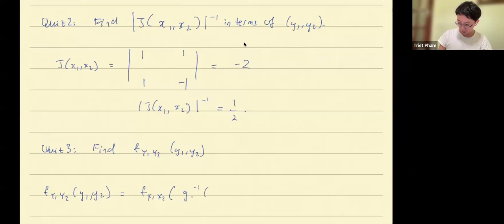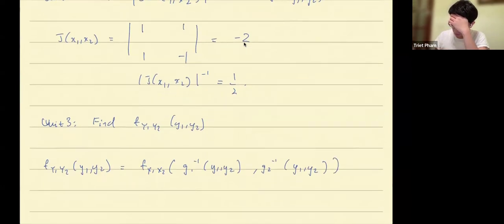G1 inverse. Hold on. Yeah. And then here, it could be written as the determinant of the Jacobian of y1, y2 inverse as well.